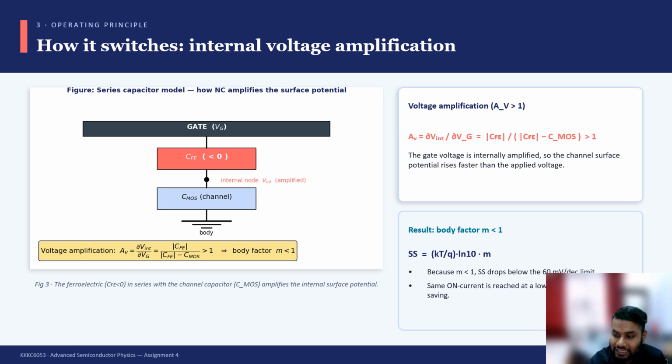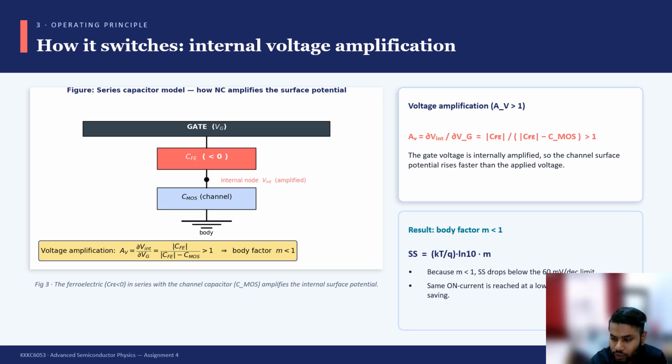When you solve the series network, you get a voltage amplification factor A greater than 1, shown in the top box. In plain terms, the ferroelectric internally boosts the gate voltage, so the surface potential at the channel rises faster than the voltage you actually apply.